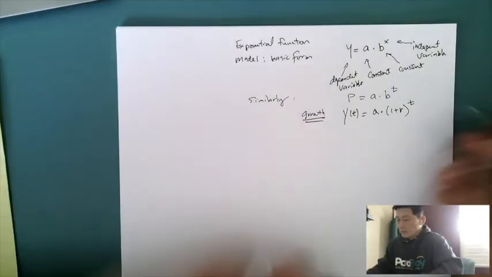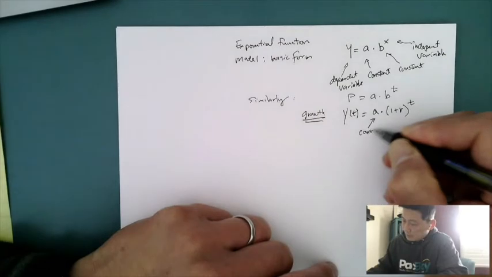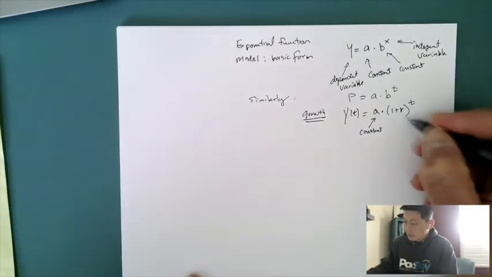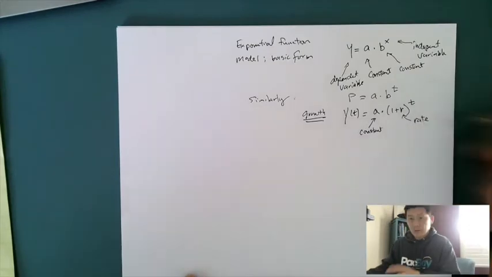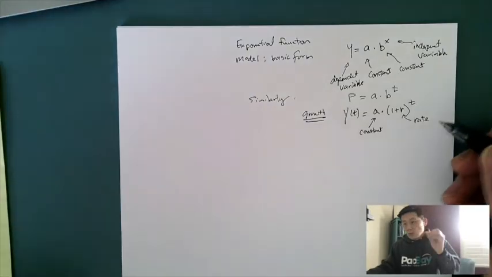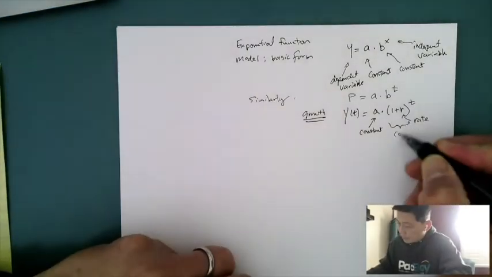Now, I want you to just think about it. A is still constant, right? Now, R is a rate of growth, but rate of growth is a very specific number. Then that number plus 1 is also a very specific number. So this whole thing is also a constant.